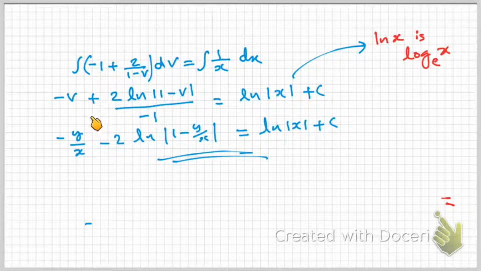So my answer here is minus v, which is minus y by x, plus and minus becomes minus 2 ln or log mod 1 minus y by x is equal to ln mod x plus c. That is my answer.